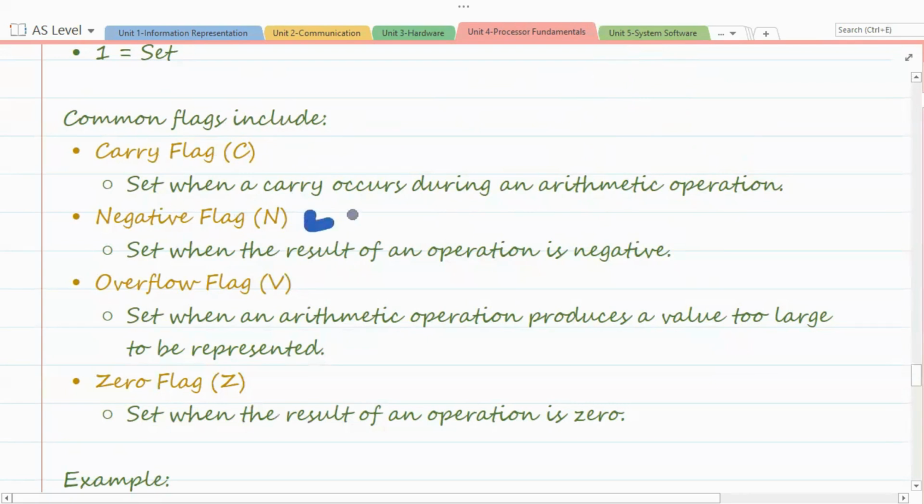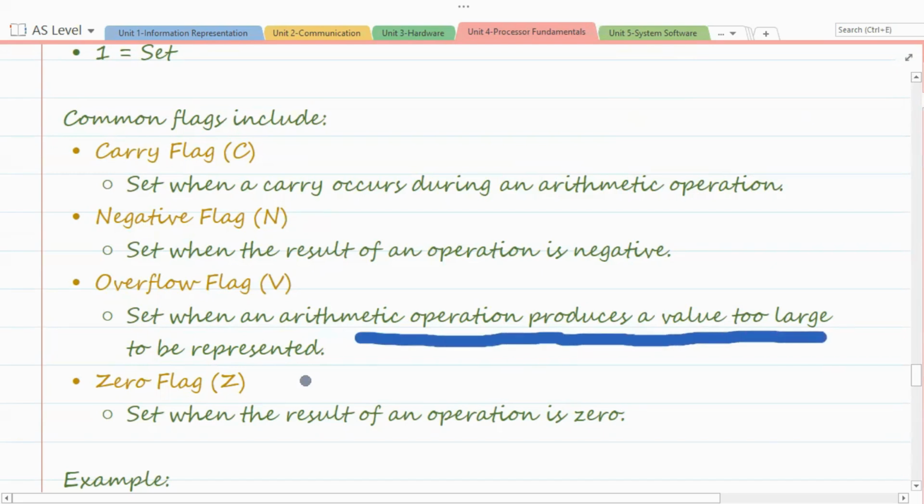Then we have negative flag. Negative flag is set when the result of an operation is negative. So whenever you're dealing with negative numbers, this flag is set to 1. Overflow flag. Now, overflow flag is set when an arithmetic operation produces a value too large to be represented.